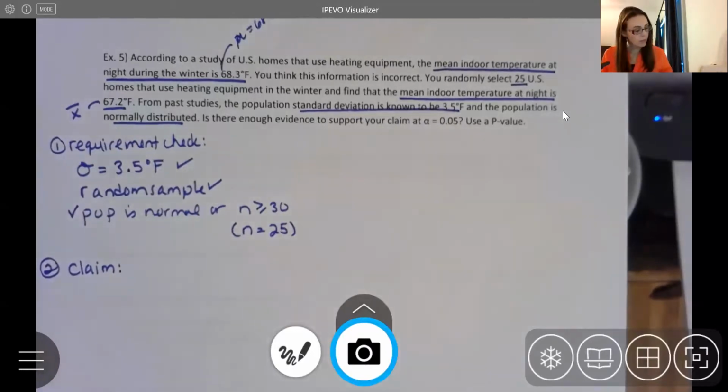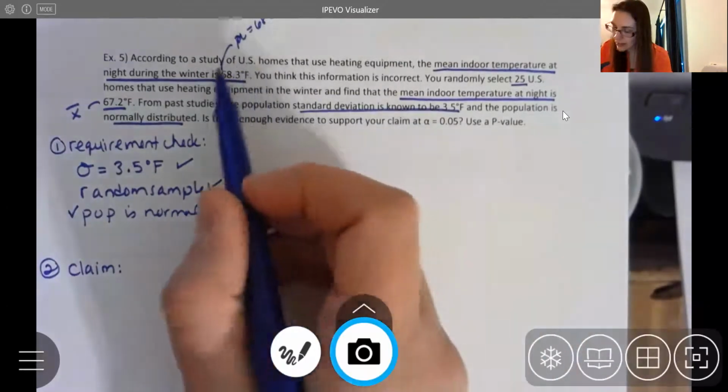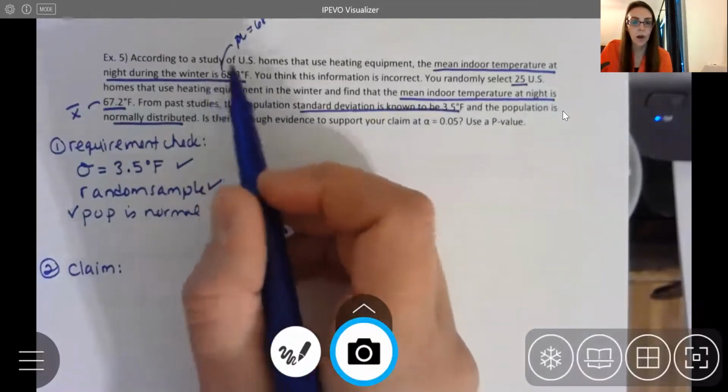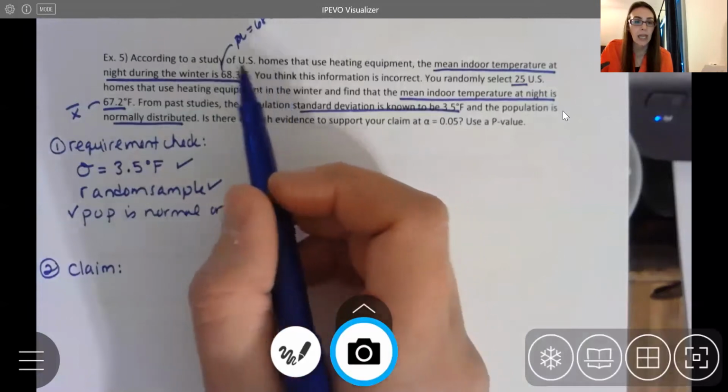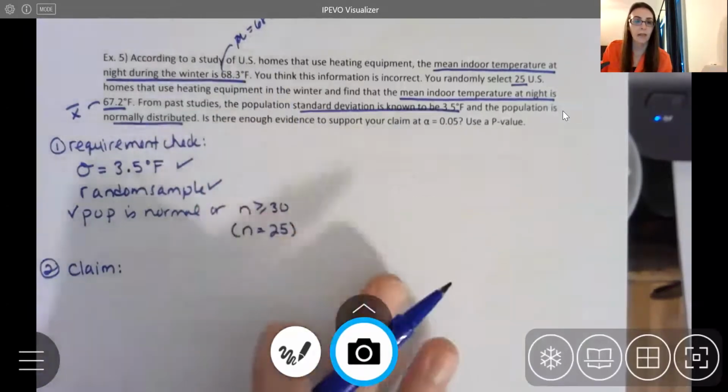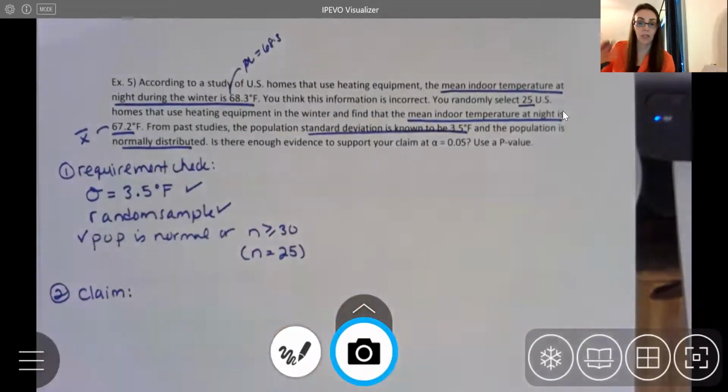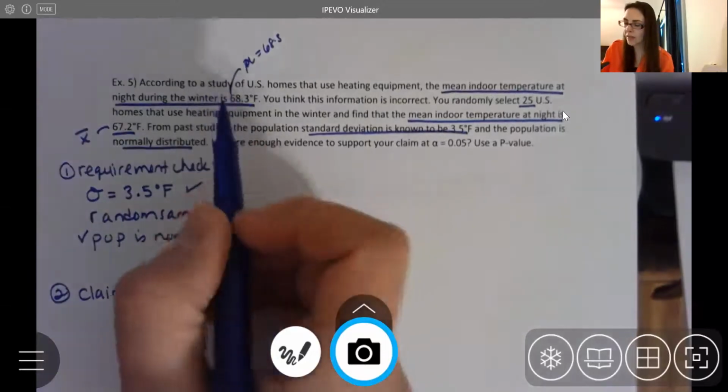So we do want to be a little careful here. Our claim in this case is that the 68.3 is wrong, and they're saying that the 68.3 is correct. We're not told that it's greater than or less than.